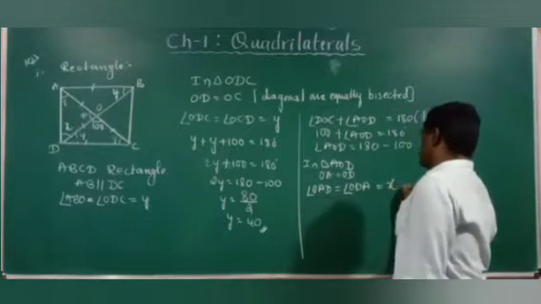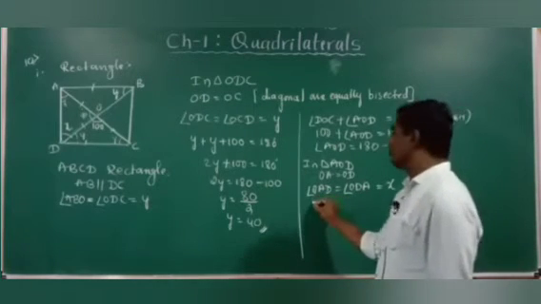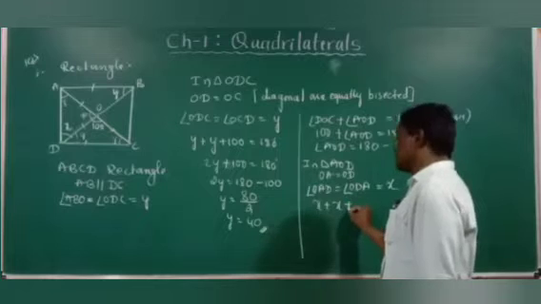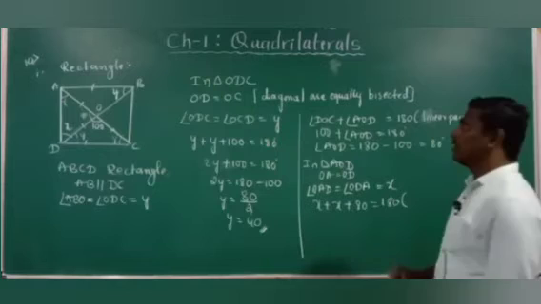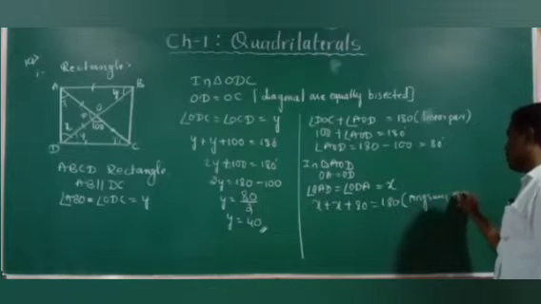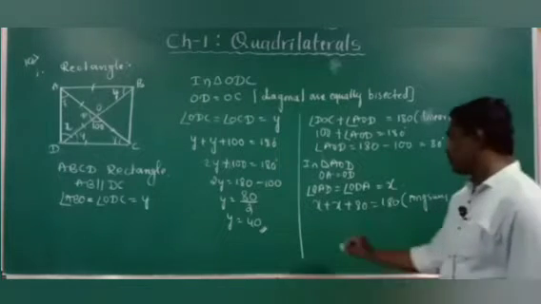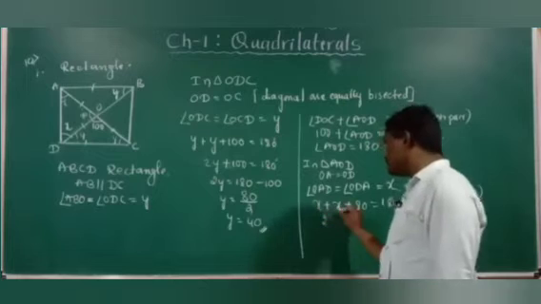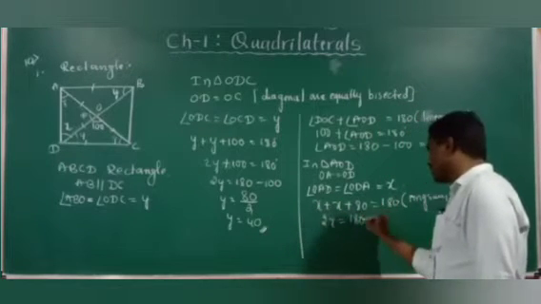Those two angles are considered as X. Now X plus X plus 80 is equal to 180 degree. Reason: angle sum property of the triangle. The sum of these two X and X is 2X, which is equal to 180 minus 80.